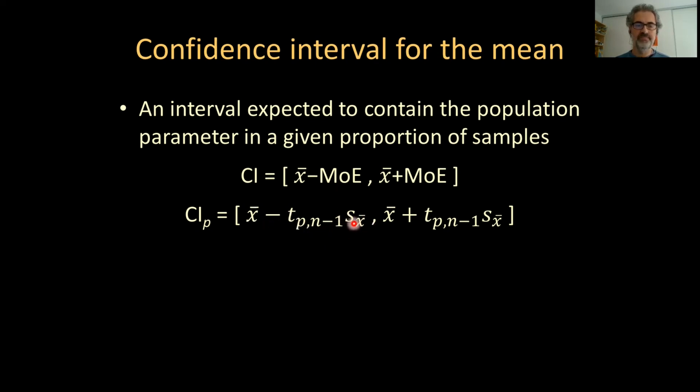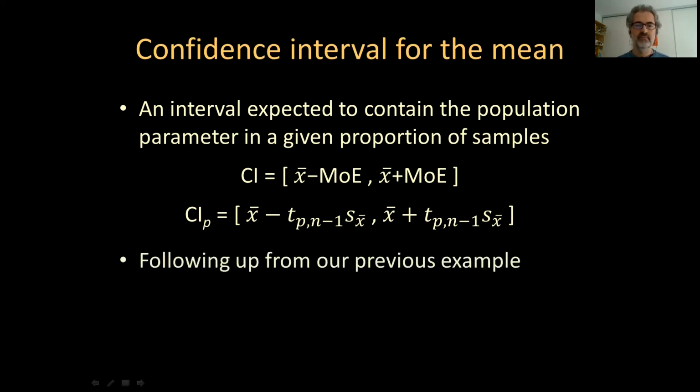And this many is given by the t-distribution for the desired probability and for our sample size. That's how far from the mean it can be to the left, and it's exactly the same to the right. So the mean minus the margin of error, the mean plus the margin of error, and that defines the confidence interval.